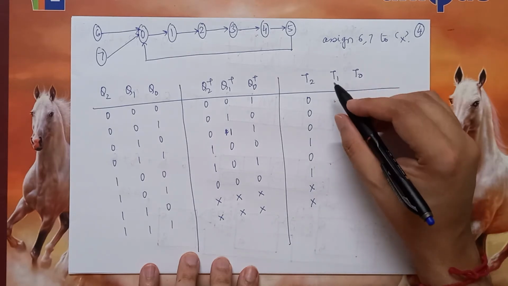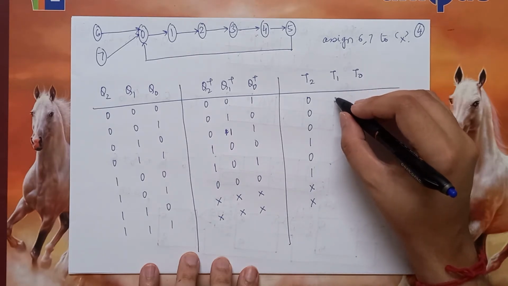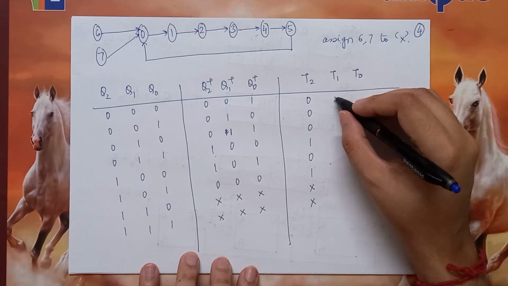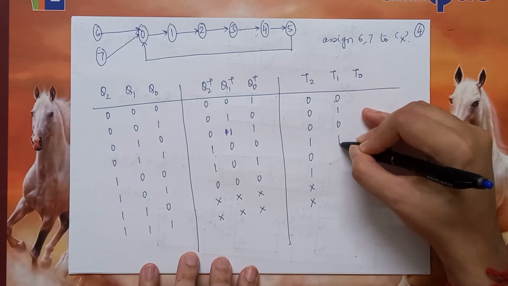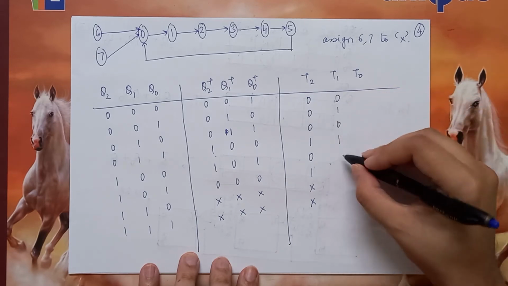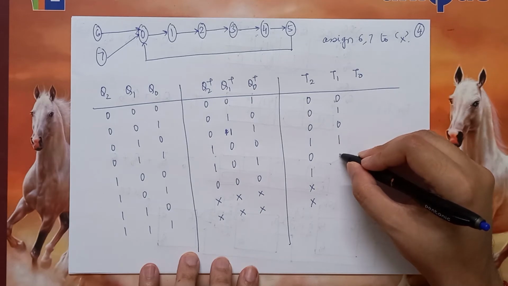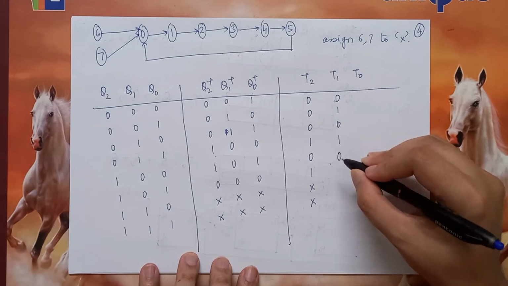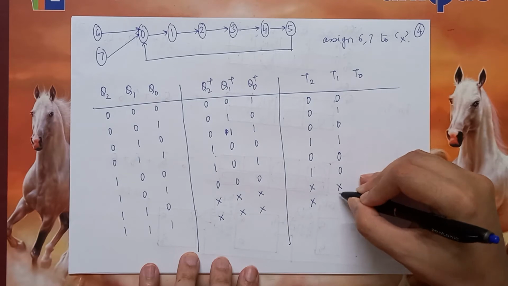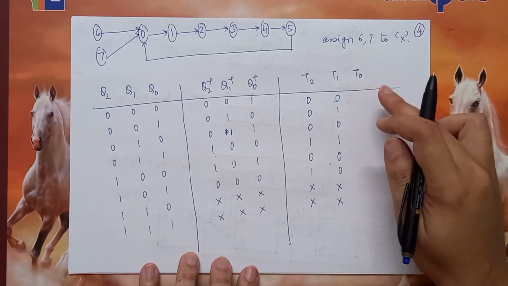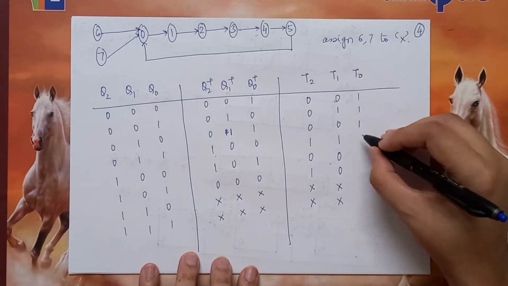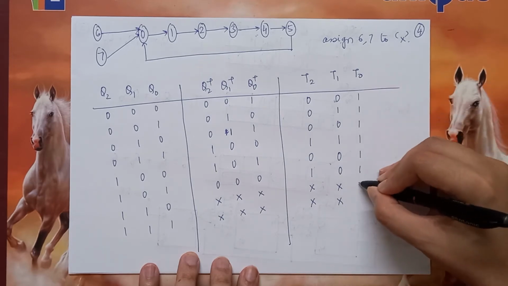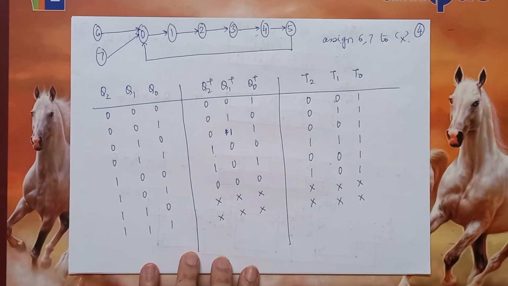Then we have T1, which we can again fill this way, and T0 is this.